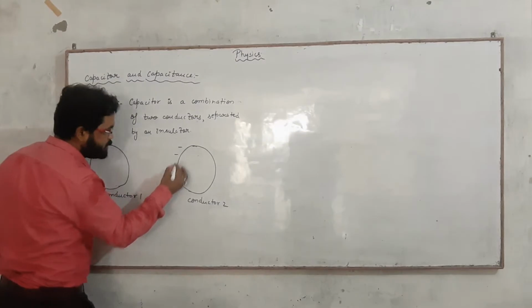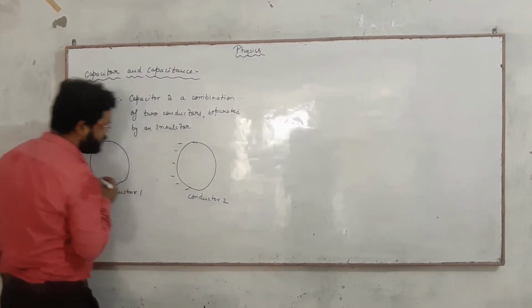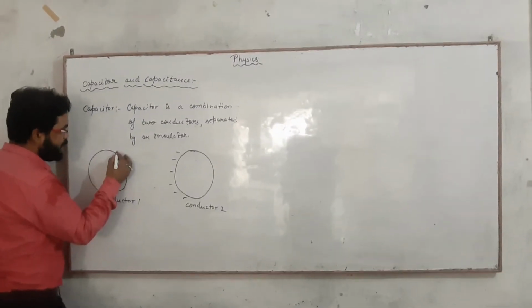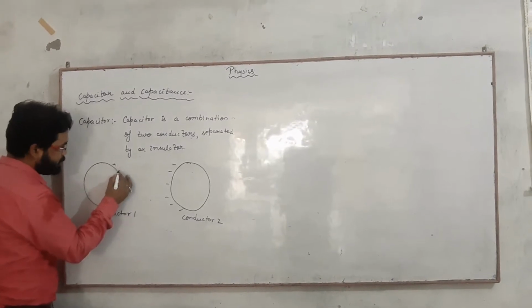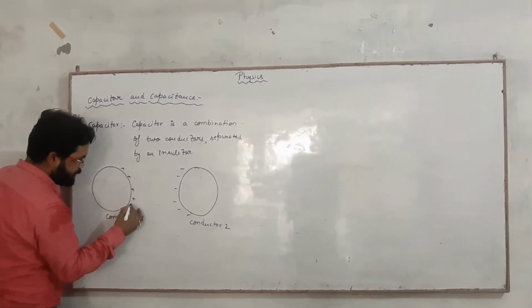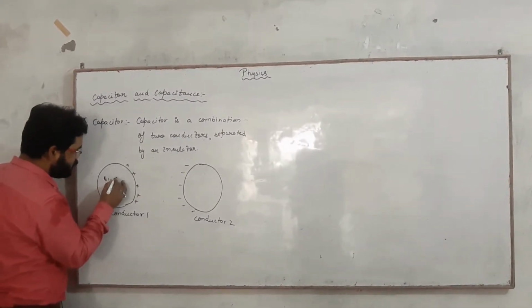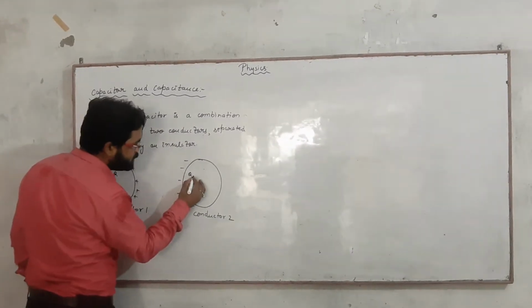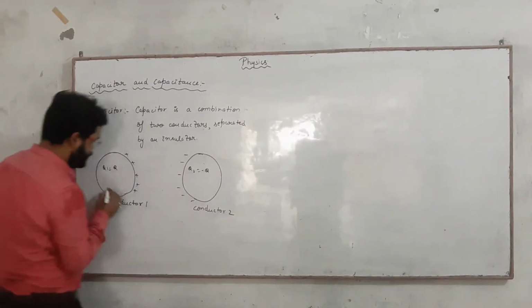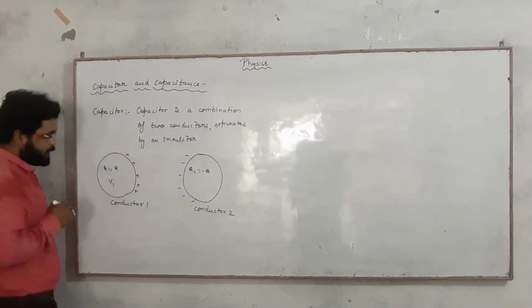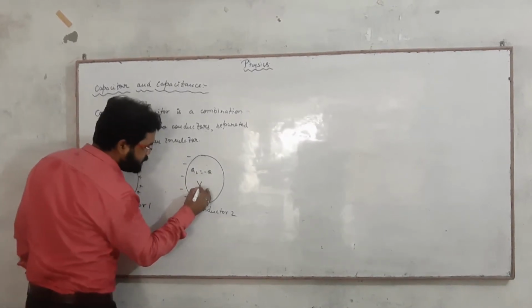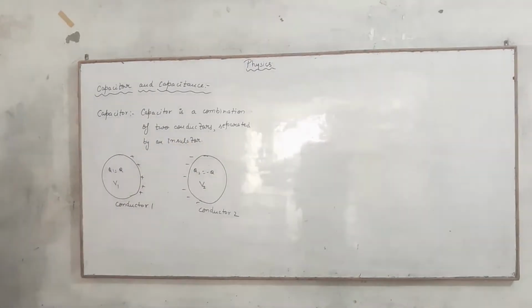So q1 is equal to q and q2 is equal to minus q. Potential of conductor 1 is V1 and potential of conductor 2 is V2.